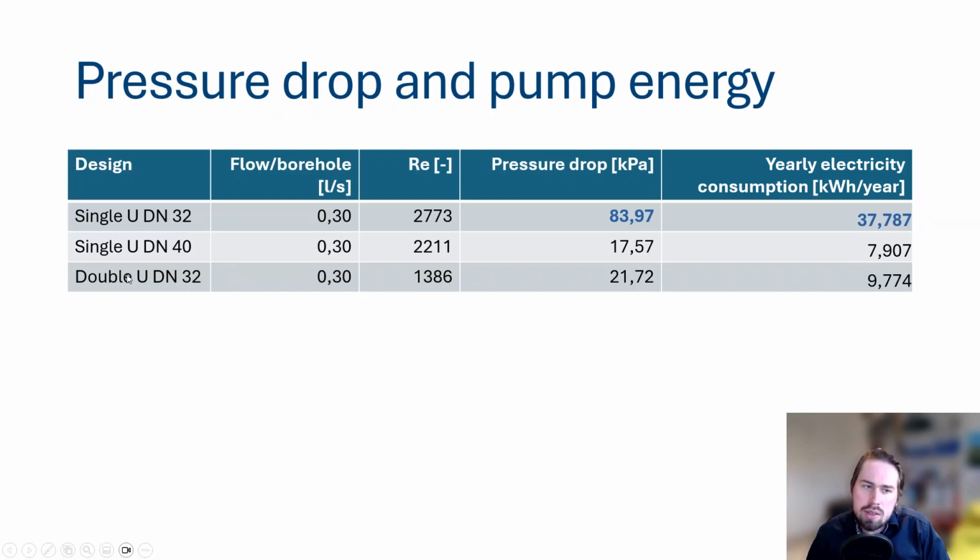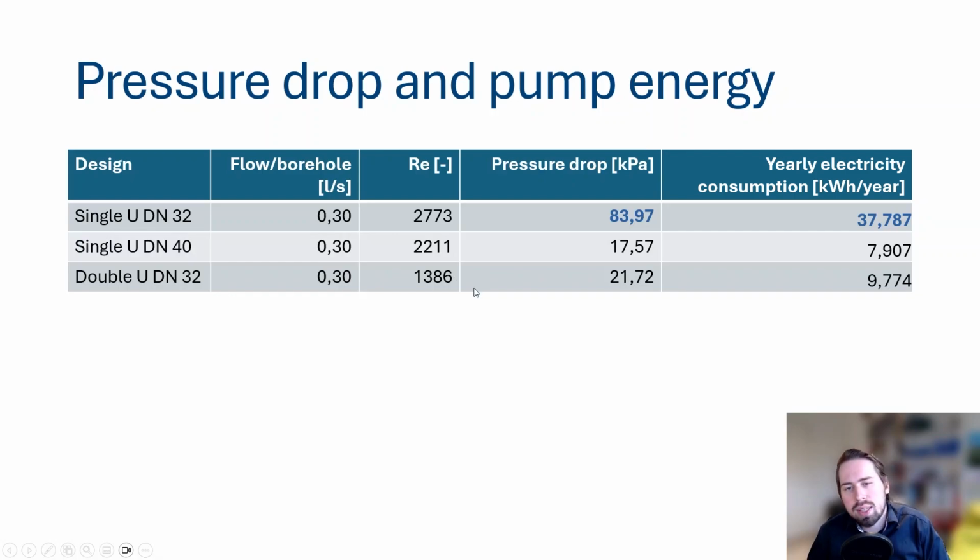And just as a reference, if we have a double U, DN32, we have an even lower Reynolds number because we now have a bigger surface area, but the pressure drop is slightly higher than the single U-tube, although our Reynolds number is lower.